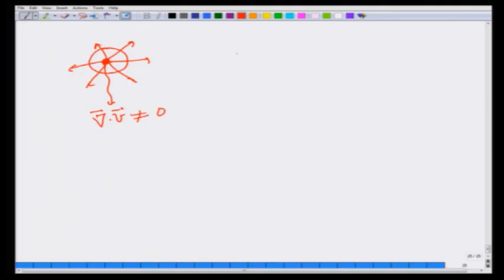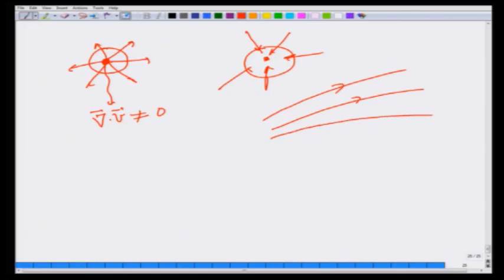If I take a sink in which water is going into it from all around, then again divergence is not 0, but it is highly negative. On the other hand, if I see a pipe, although its area may change, the net flow through any small volume is 0. So, divergence at any point is 0.